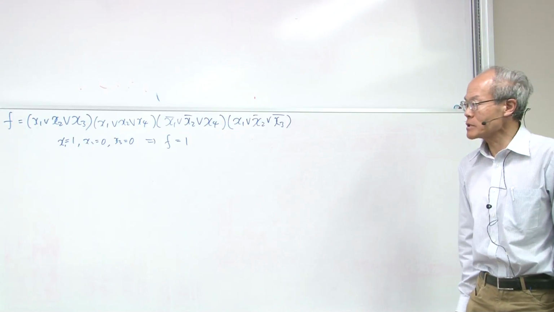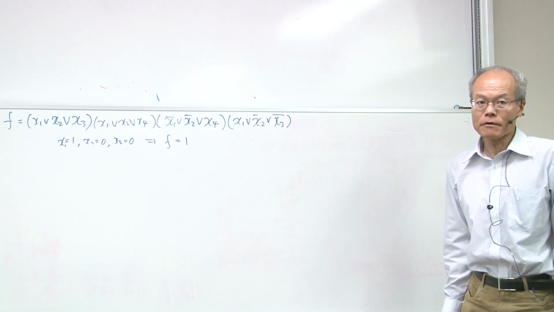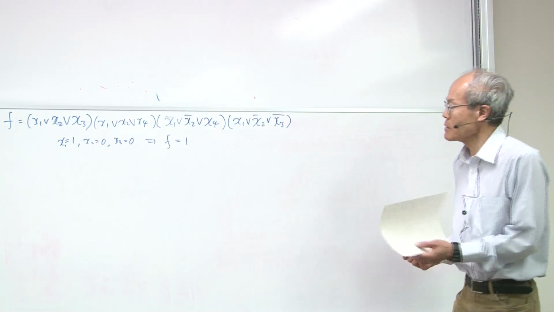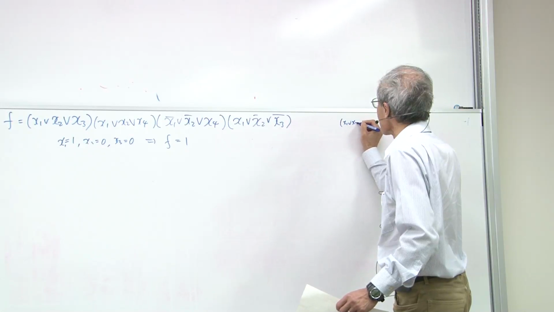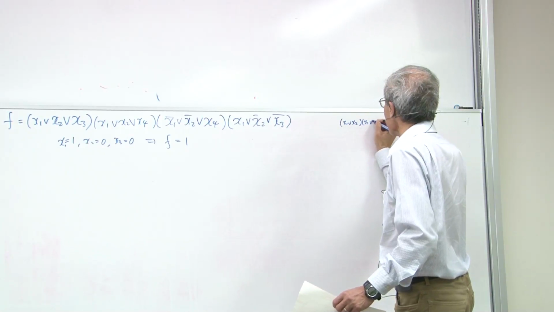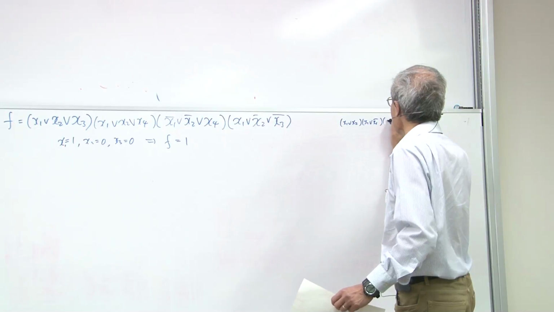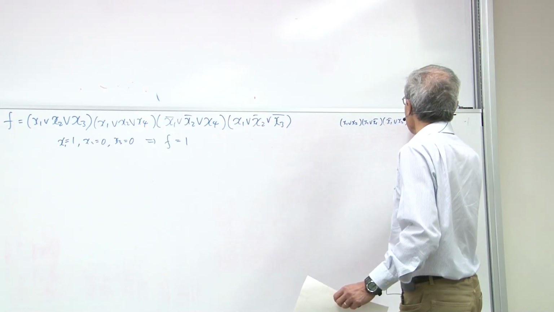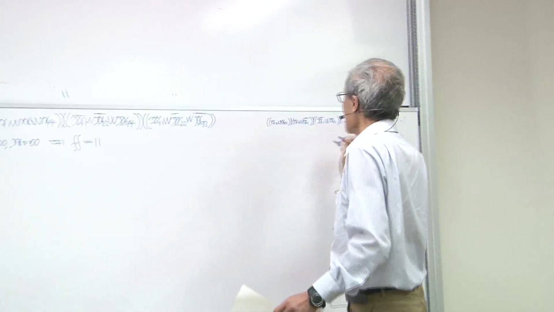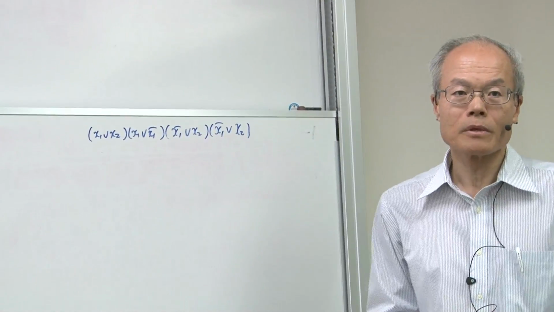Then what kind of formula is unsatisfiable? Okay, it's a simple example. Something like x1, x2, x1, x1. Okay, this is a simple example.